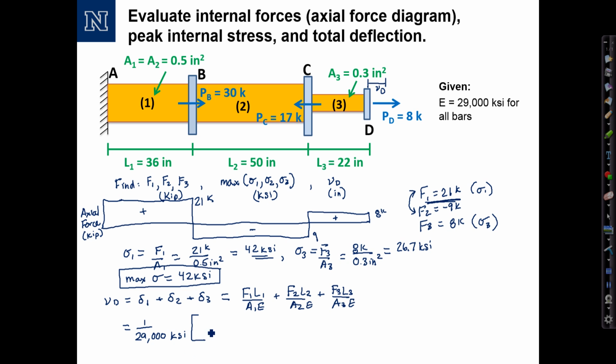Okay, F1 L1, 21 kips times 36 inches divided by A1, 0.5 inches squared. F2 was negative, so the internal deformation in segment 2 is going to be negative, which means it's shortening.